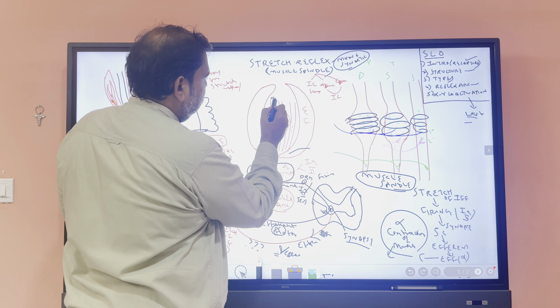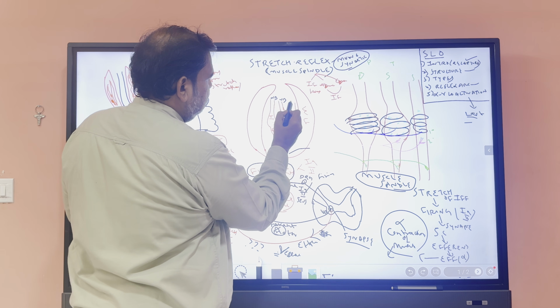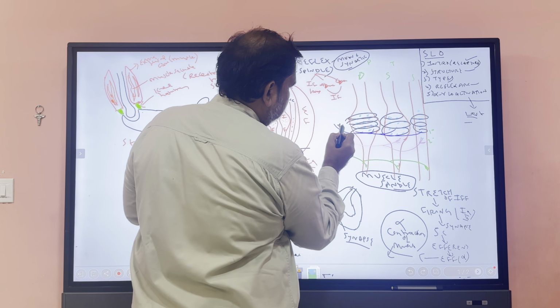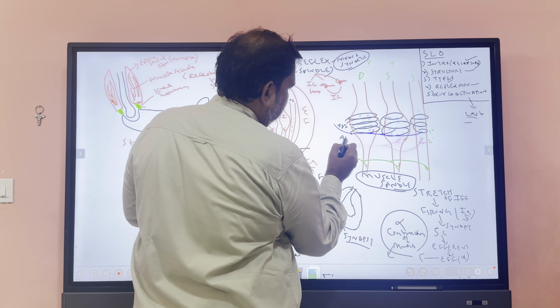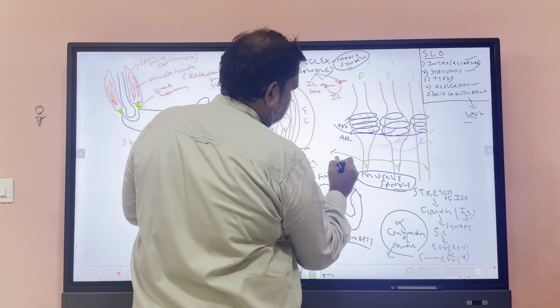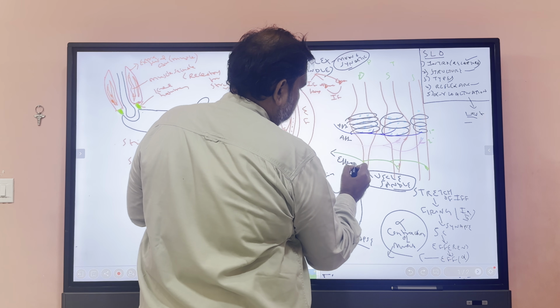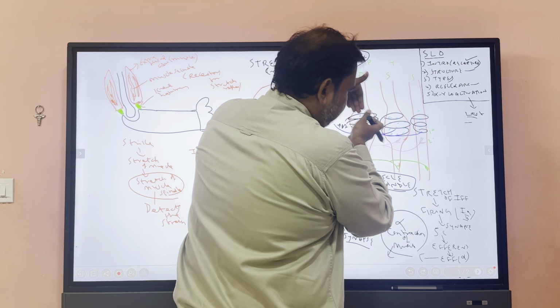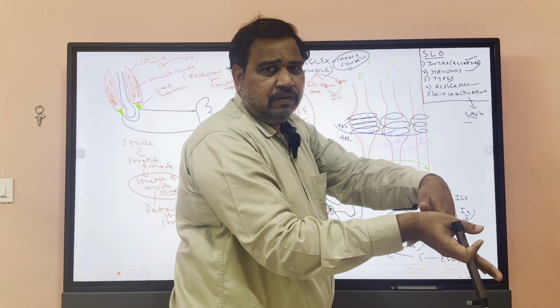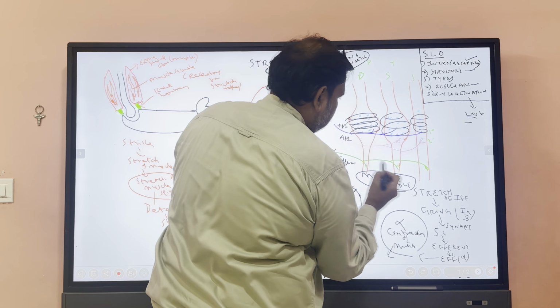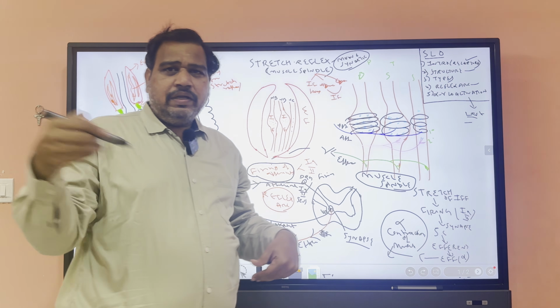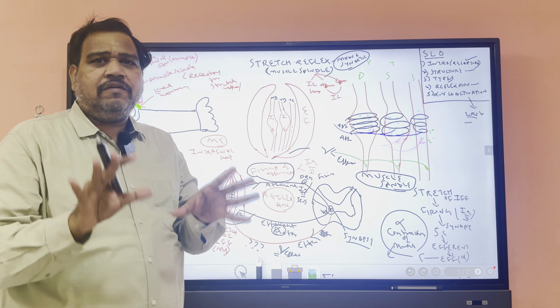This we call nuclear bag fiber. This is nuclear chain fiber. And this one is one afferent, this one is afferent, this is afferent. So all this, nuclear bag fiber, nuclear chain fiber, afferents coming out of the intrafusal fiber, and the efferents, which are gamma, coming into the intrafusal fiber, all these are part of the muscle spindle.